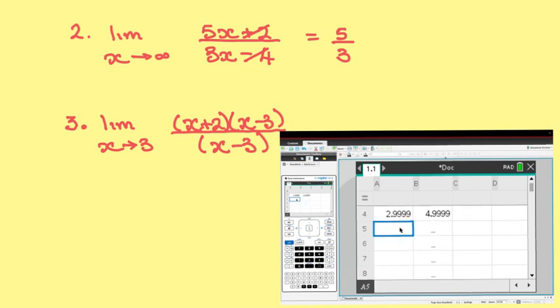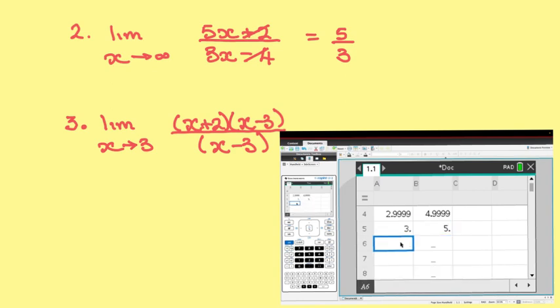Move up again, even closer, 2.999999, and eventually I get 5. I can't actually use 3 because using the equation I would be dividing by 0, but I get very, very close. So now let's come from above.